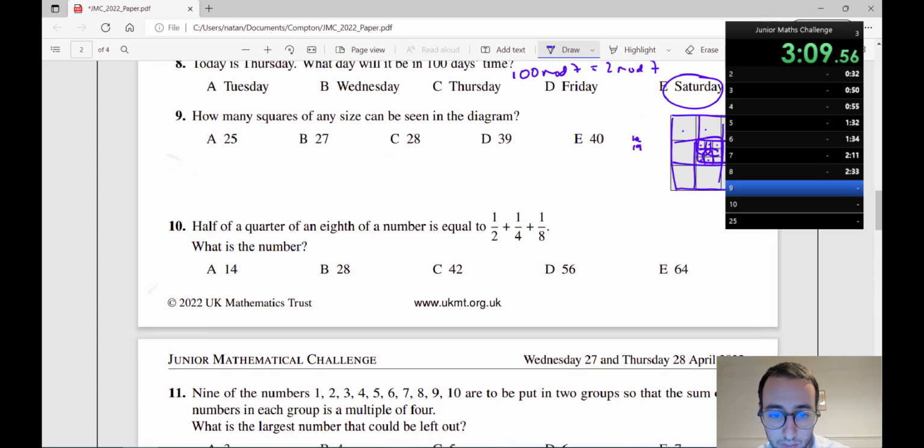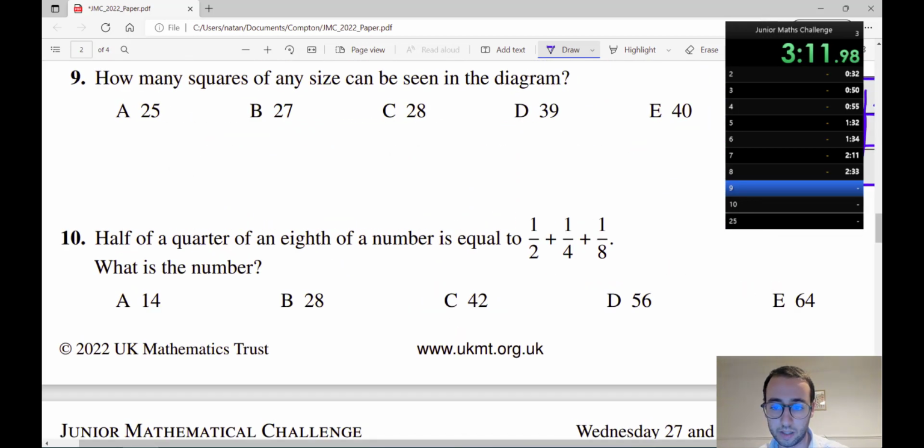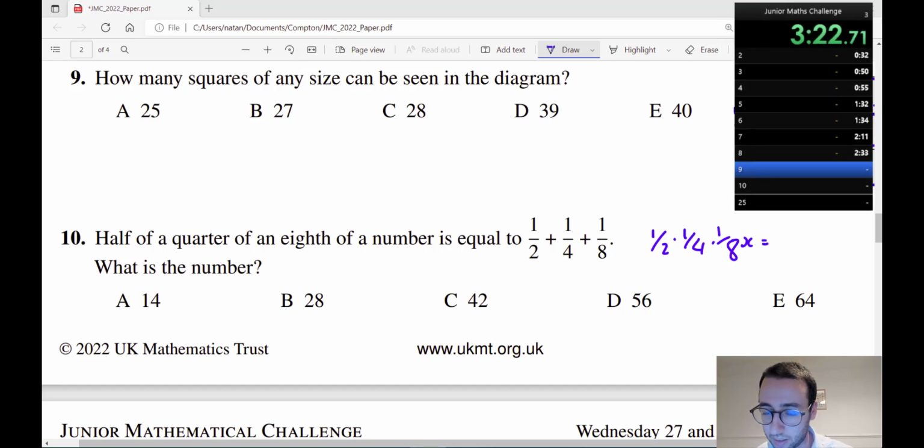Because I wonder if it's more interesting. Half of a quarter of an eighth of a number. Oh my god. So half of a quarter of an eighth of a number is equal to half plus a quarter plus an eighth. So that's 4/8 plus 2/8 plus an eighth is 7/8.